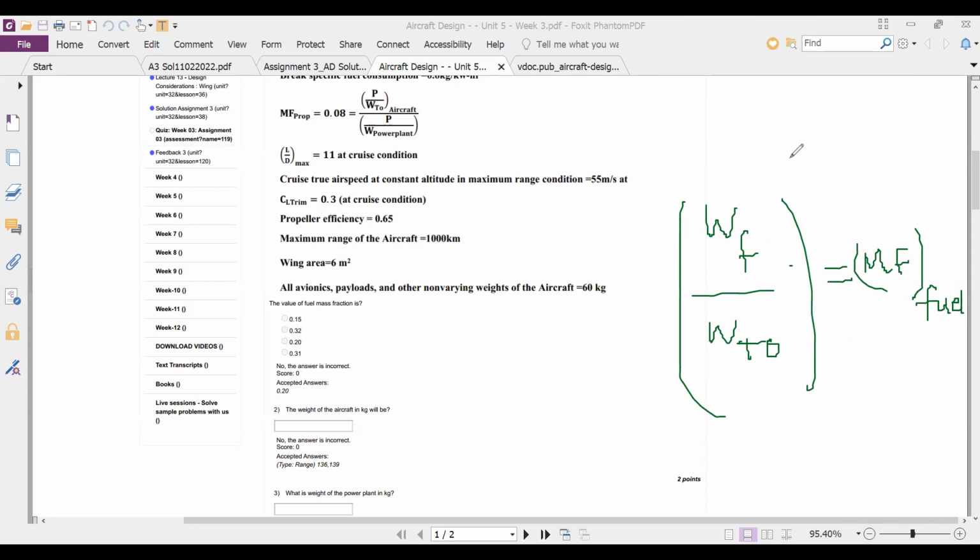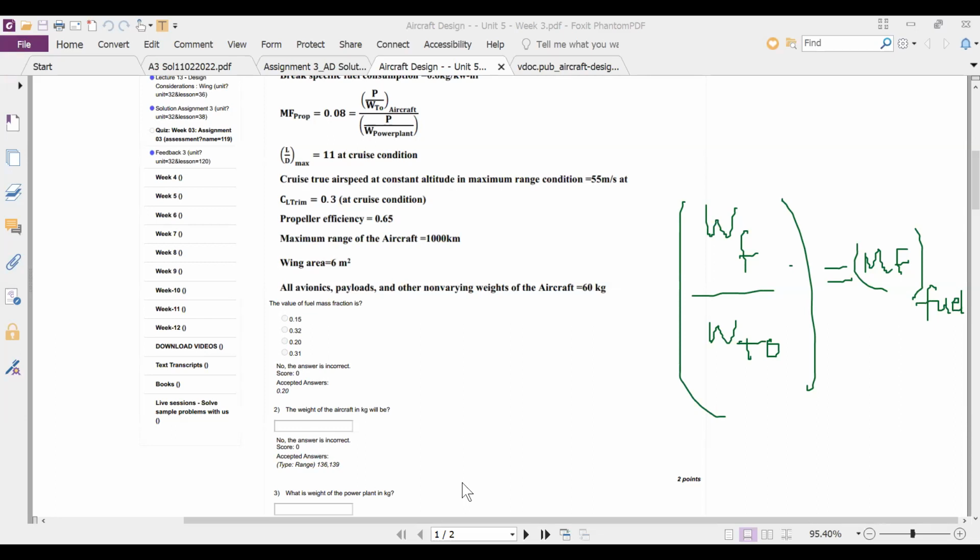Okay, so I was clarifying for the first question. Again, let me tell you something. You guys note down, this propulsion system's efficiency was given 65%. So eta is a given number. L over D is 11. And when you convert the units of C, it turns out to be 1.635 into 10 to the power minus 6.